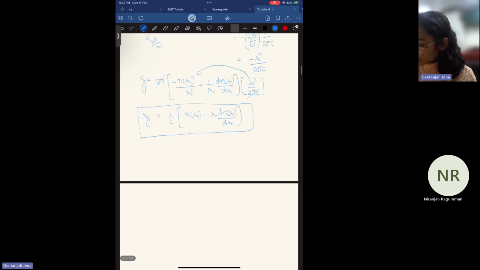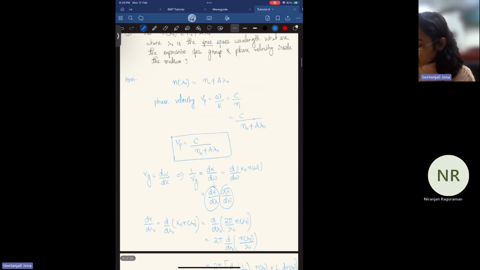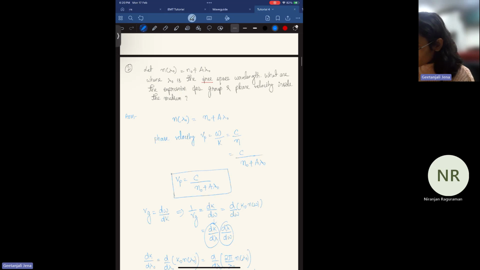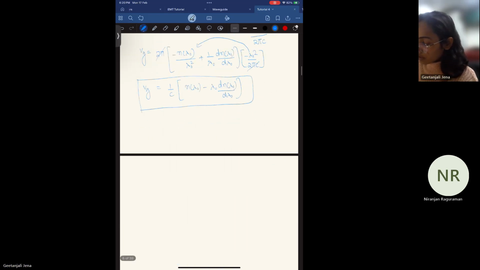So what is the question then? Okay, phase velocity inside the medium. When we have n of lambda 0 as a plus b lambda 0, that means dn over d lambda 0 will be b.